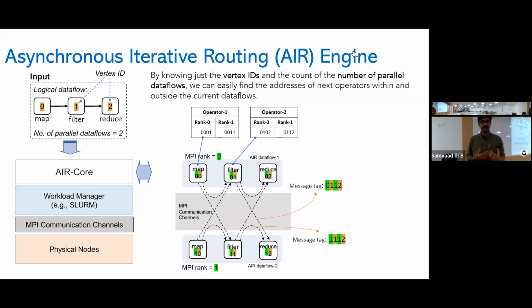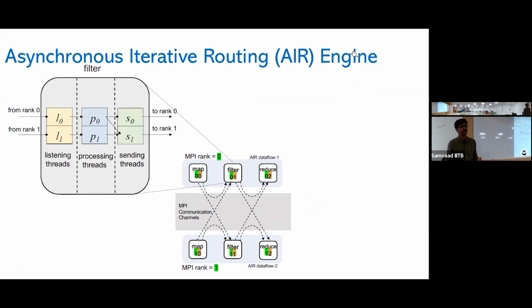Previously, this kind of address detail had been stored in the execution plan and the master. Now we don't need that. Each thread is inherently aware, so they can establish one-to-one communication, which is quite fast.